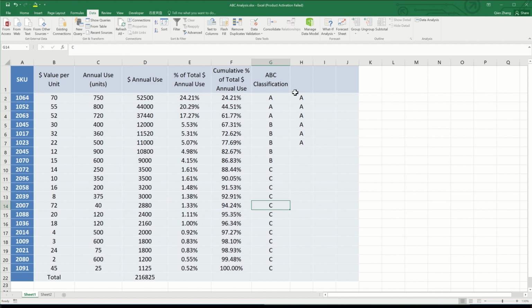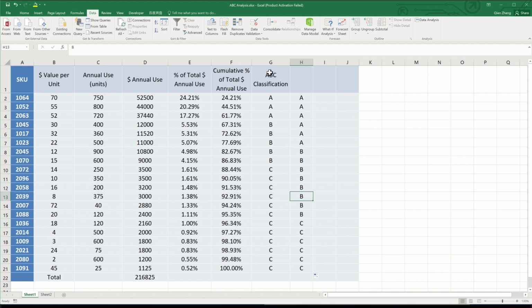So around 80% are the A category, and another 15% should be the category B. So we can have the B until 95, because we only want to leave the rest, 5% of the total values, for category C. Both ways to classify the SKUs are acceptable, but it depends on the reality, on the specific problem you have.